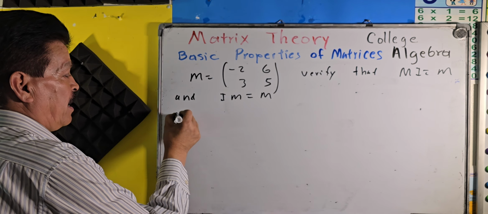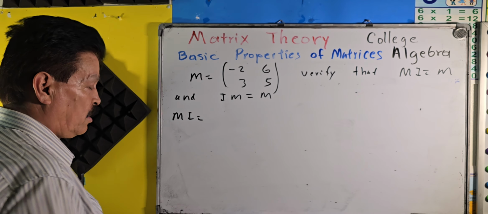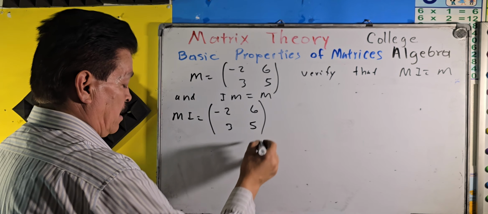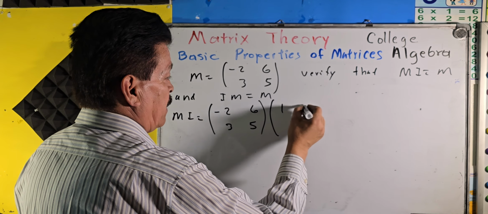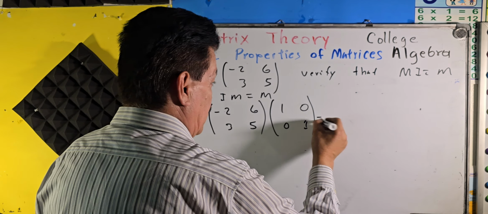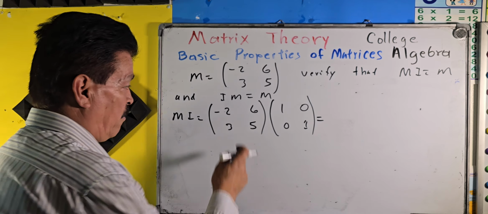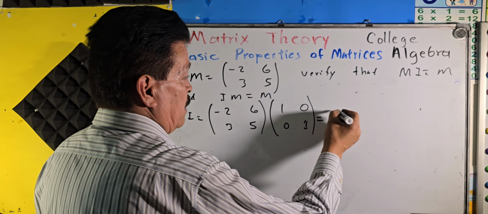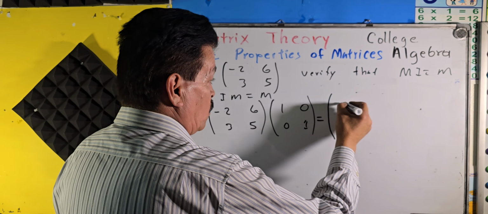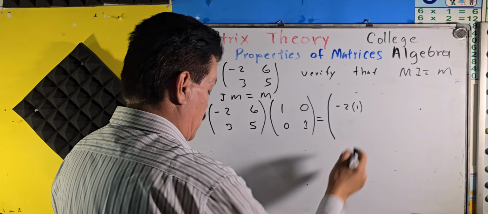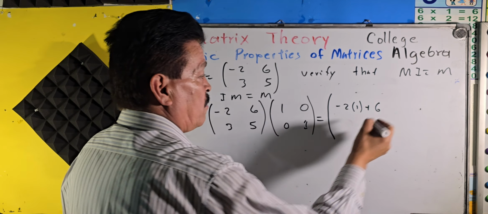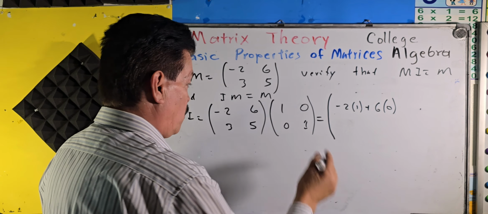So then we have here MI equals, just write the matrix -2, 6, and 3 and 5. So multiply by this identity. It's another example of multiplication. Right now, first one, -2 multiplied by 1 plus 6 times 0. And the bottom, 3 times 1 plus 5 times 0.